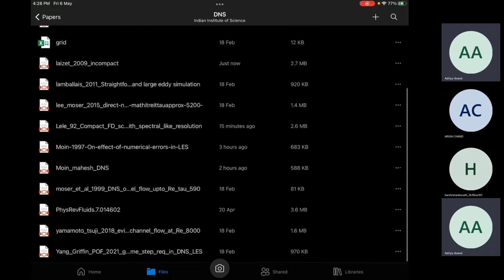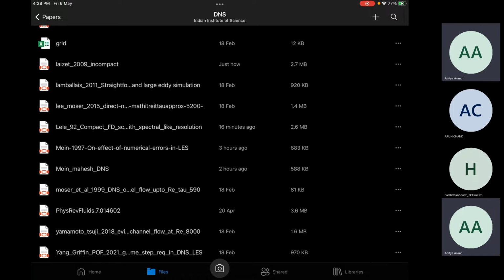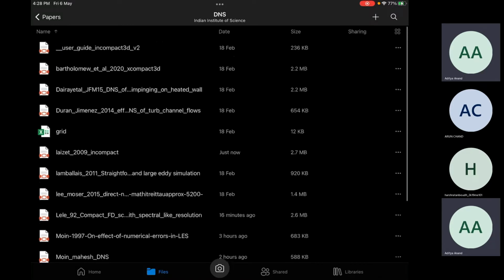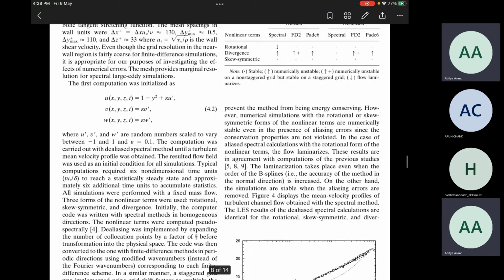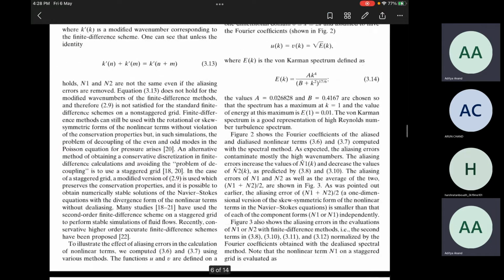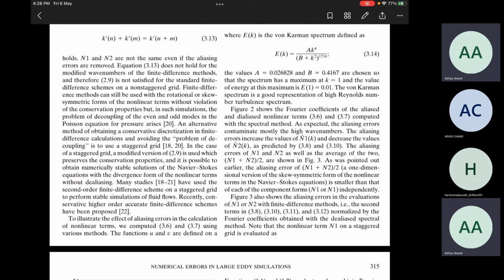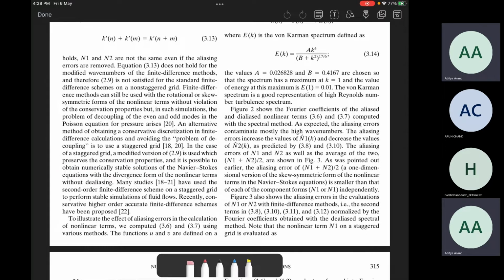Okay, let me see. Okay. So what happens is, when you use the skew symmetric form of the convective equation, there are problems of decoupling.